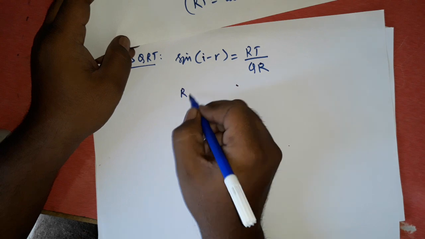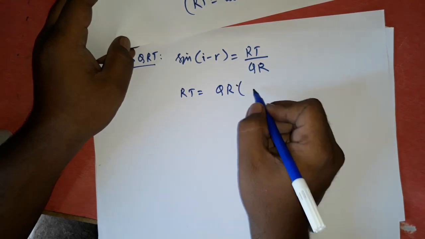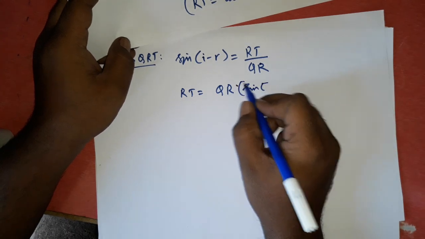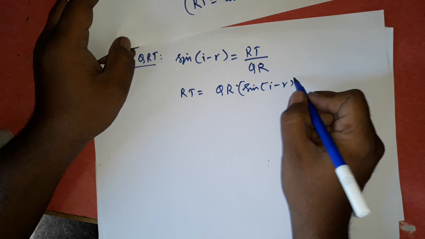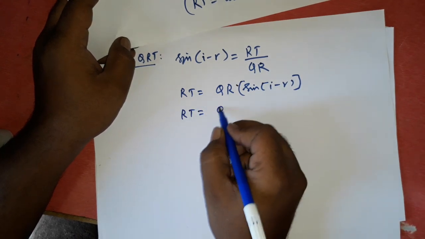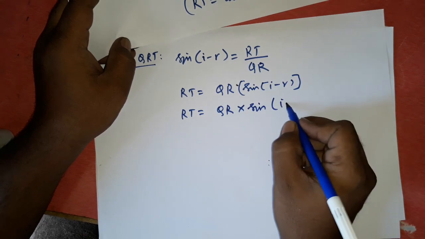See, RT is nothing but lateral shift. So RT is equal to QR into sin(i minus r).